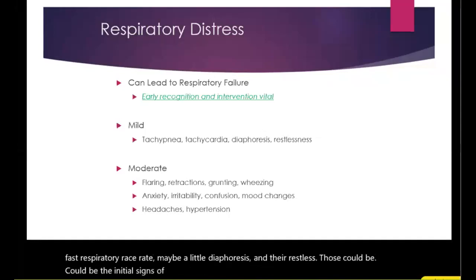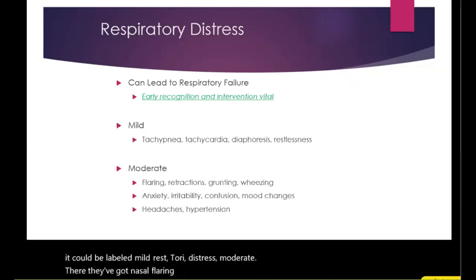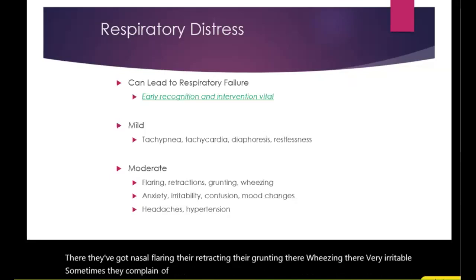Maybe we're starting to go into failure, but it could be labeled mild respiratory distress. Moderate, they've got nasal flaring, they're retracting, they're grunting, they're wheezing, they're very irritable. Sometimes they complain of headaches. I mean, all of these things aren't always present. It's just how some people like to categorize it.